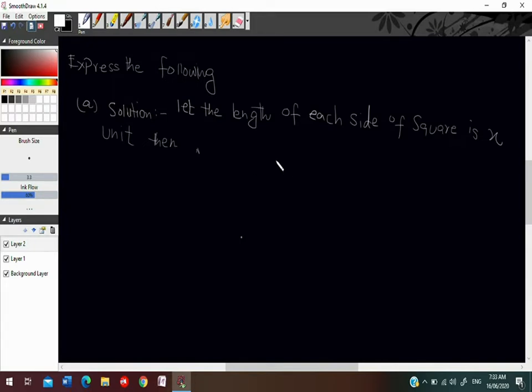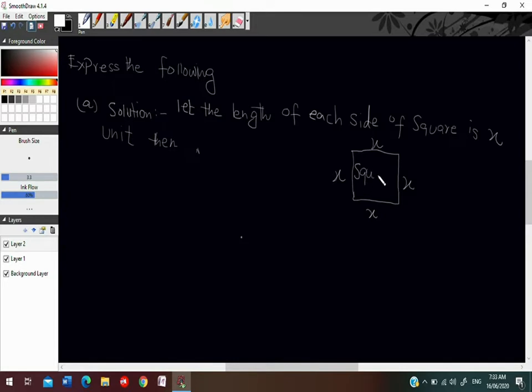Now first we draw the figure of this square. So here we have a square and each side of this square is represented by this x. This is what we have.